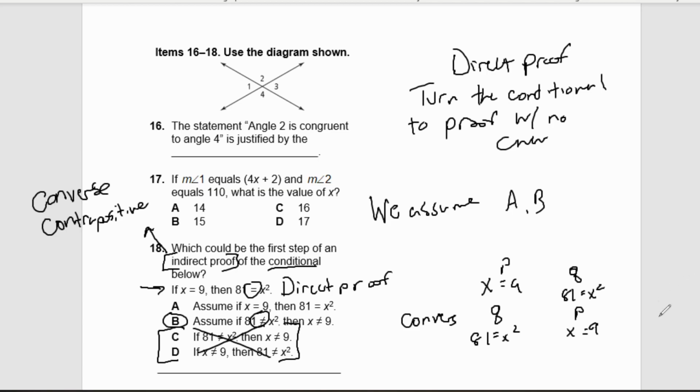So the contrapositive is flip it and negate it. So now I'm going to have not Q and not P. Not Q looks like 81 does not equal x squared, and not P looks like 9 does not equal x, which is exactly what we have, except I did 9 equals x, so it should be x does not equal 9.